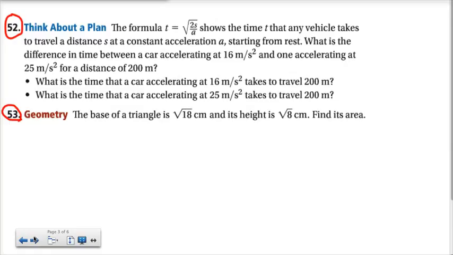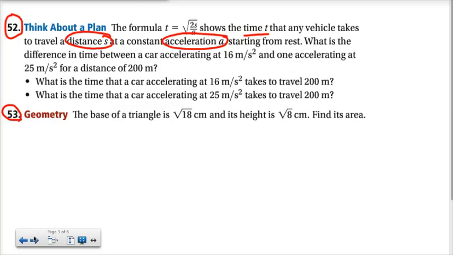Then number 52 says we have a formula t equals the square root of 2s over a, and that shows the time t, and really this problem is about keeping track of what all the variables stand for. So the time t that any vehicle takes to travel a distance s at a constant acceleration a. So distance s, acceleration a, starting from rest, so a stopping position.